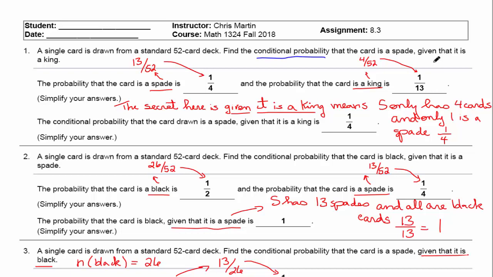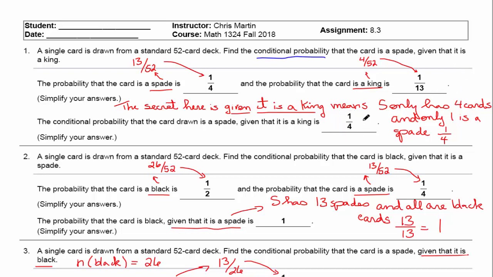And now what's the probability that, of these 4 cards, it's a spade? Well, if you think about the kings, there's a king of diamonds, a king of hearts, a king of clubs, and a king of spades. So there's only one spade in the 4.